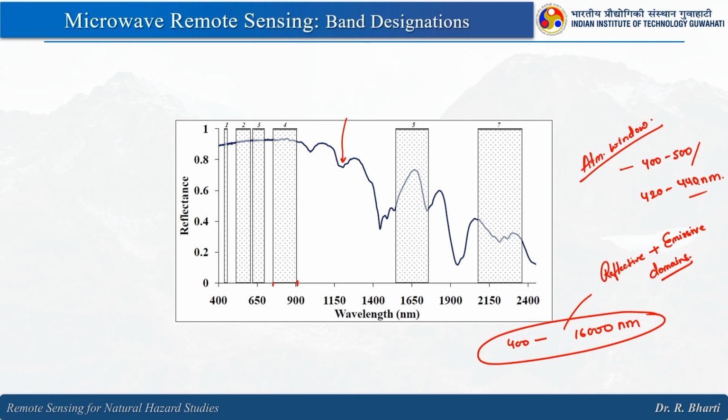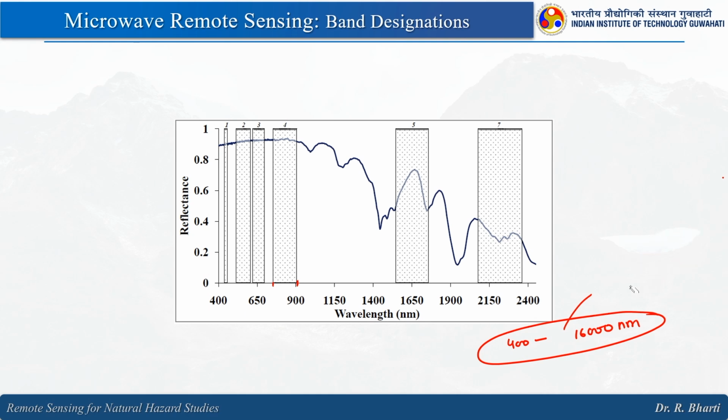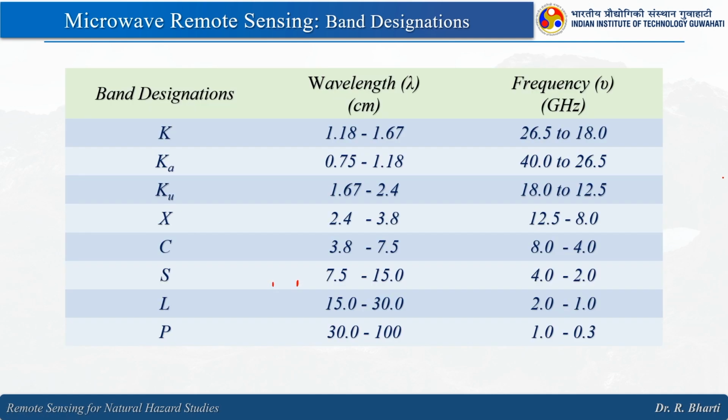So, we were free to use that, but when we talk about microwave remote sensing, our bands are fixed, because here we are having more concern about the frequency, right. So, if you see here the band designation, the K band, the first band, is from 1.18 to 1.67 centimeter, right.